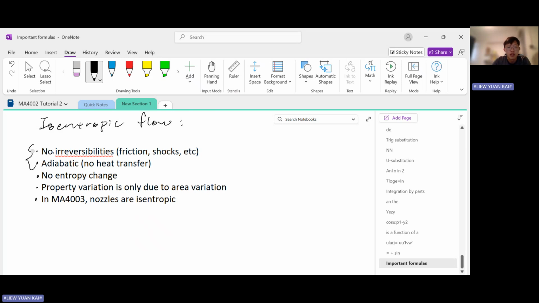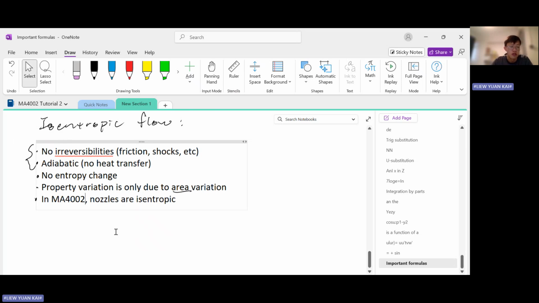No entropy change, that's what isentropic means by definition. And then property variation is only due to area variation. The area I'm talking about is the cross-section area of the pipe. Because we have some flowing gas going through a pipe, the only way that properties change is because the area of the pipe changes. So this is related to isentropic flow.